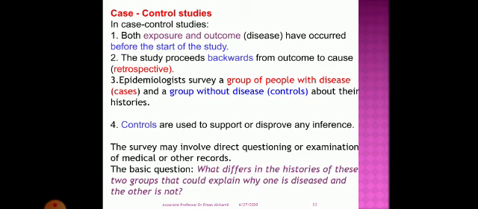The controls should be matched with the cases for certain factors which are called the confounding factors, which may affect the occurrence of the disease.